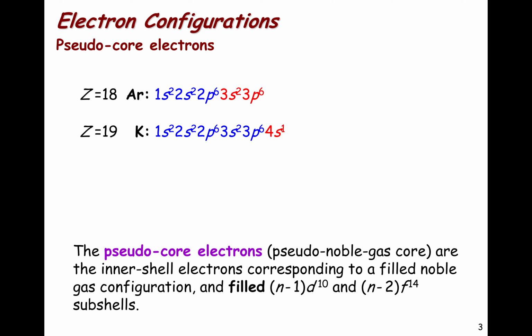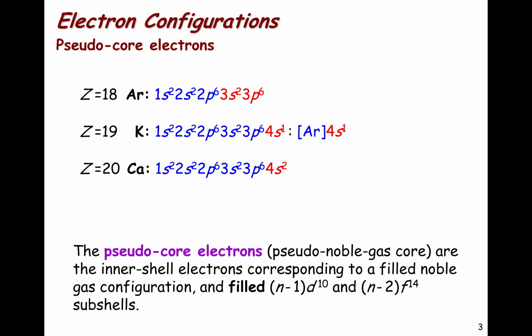It turns out that we can then abbreviate this electron configuration by placing the electron configuration for the noble gas core, which is argon. Place the symbol for argon in brackets, and then only write the electron configuration for the outermost shell, which is shown in red.